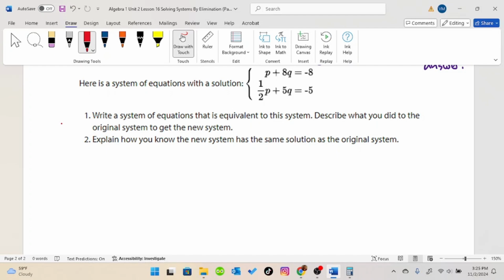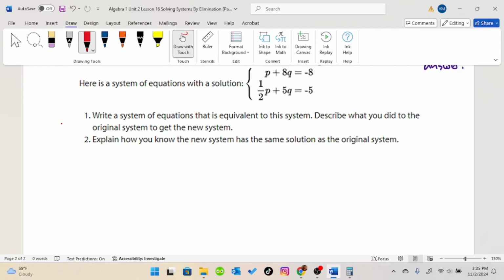Our last practice problem says here is a system of equations with a solution. Number 1, write a system of equations that is equivalent to this system. Describe what you did to the original system to get the new system.